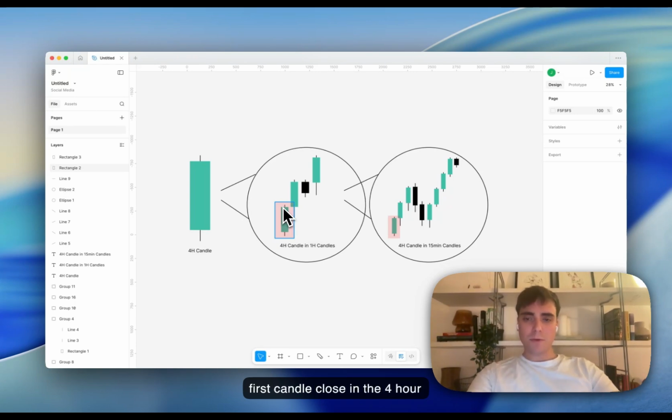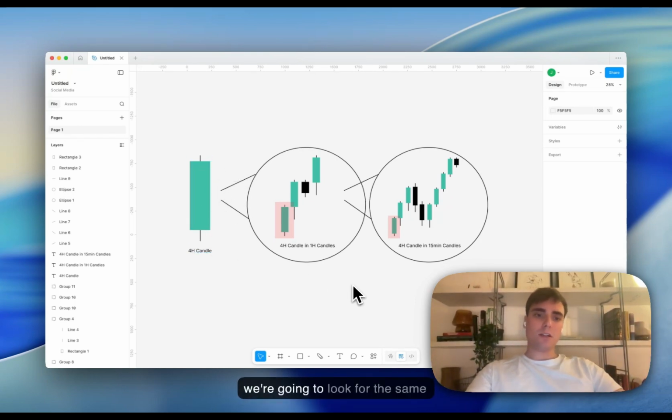In the 4 hour example, inside the 4 hour candle we have four 1 hour candles, and each of these has four 15-minute candles inside it. So we're going to set up a 4 hour candle time window and look at the percentage of times this 4 hour candle closes in the same direction as the first hour candle inside that time window.